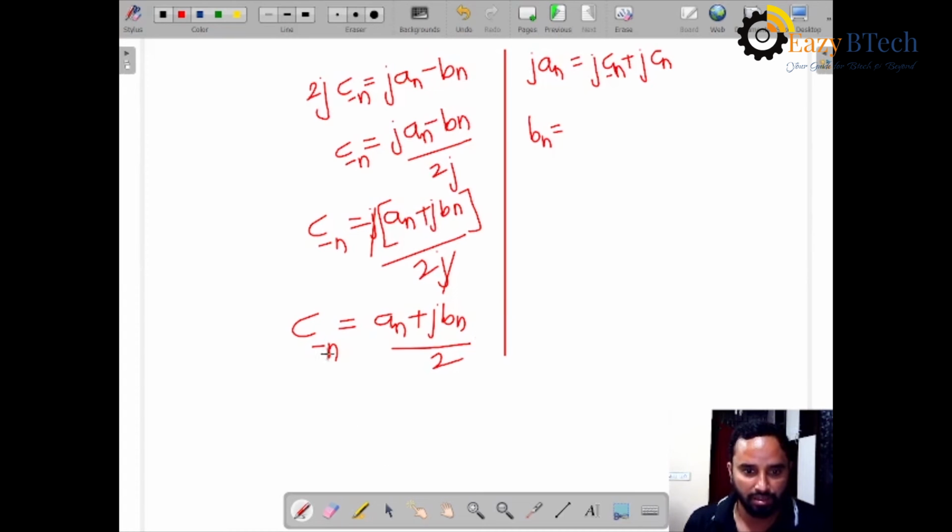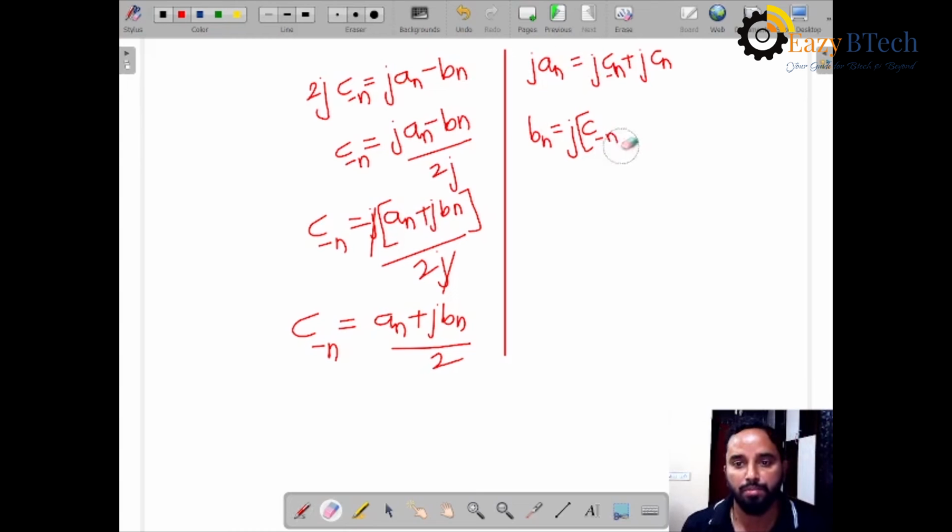Otherwise Cn we want, right? So already we have Bn. What is Bn we have? By comparing, what is that Bn we have? J C minus n, I think it is plus n.